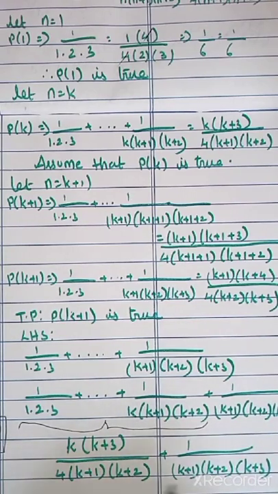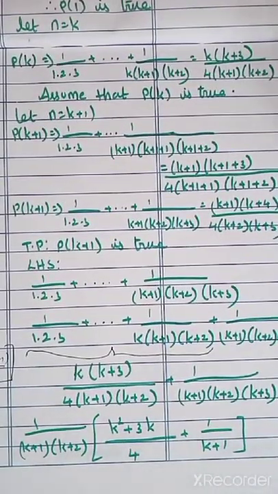What is common? K plus 1, k plus 2 common. So if we take k plus 1, k plus 2 common, you will get k square plus 3k by 4 plus 1 by k plus 1.